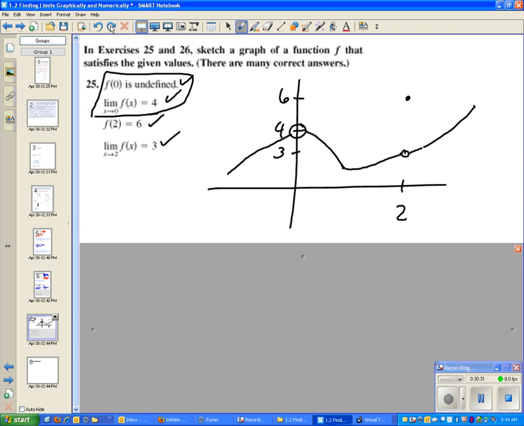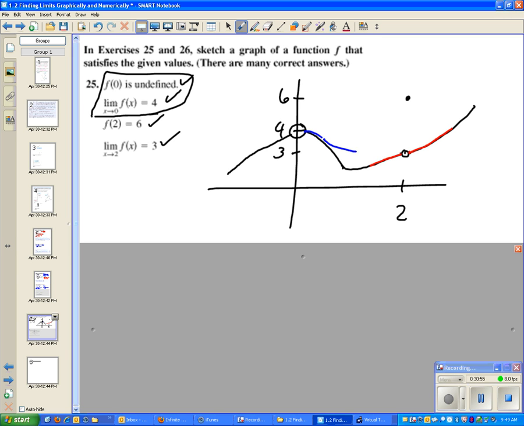Joseph. Because as x approaches 2 from the left, the y values are going to 3. As x approaches 2 from the right, the y values are going to 3. I mean, it might be nice and smooth.